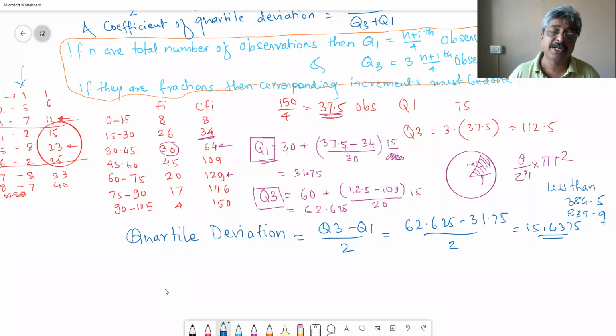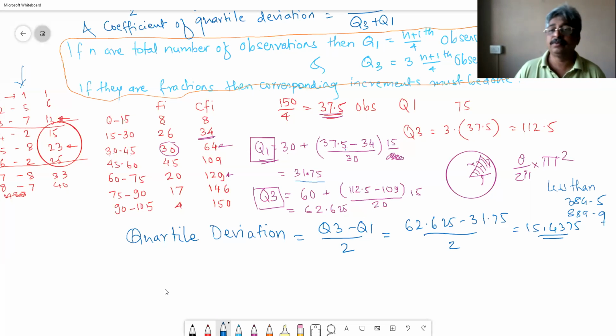We happen to get 31.75. So you have moved 1.75 observations out of these 30 as the first quarter observations, and the remaining are the second quarter observations.